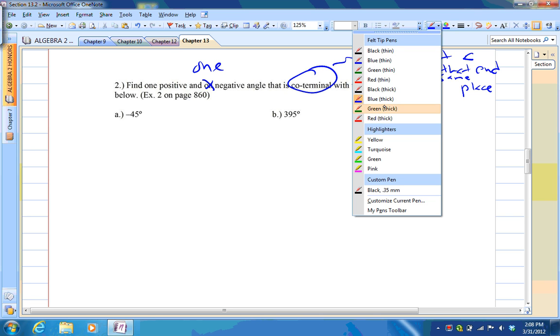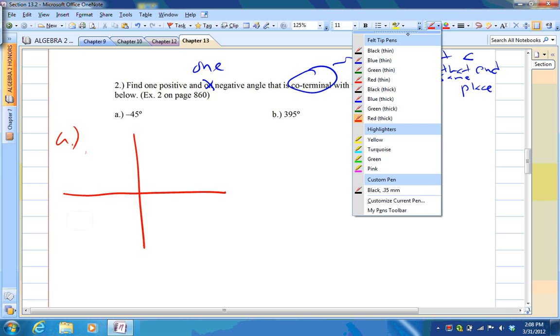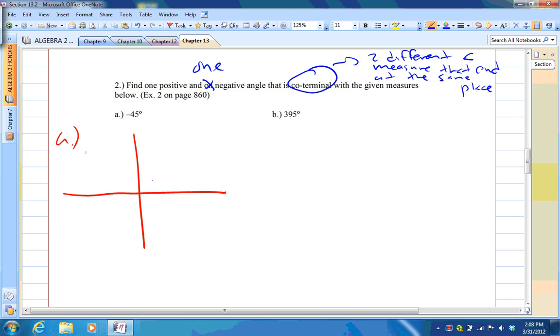So I'll first do, for part A, we'll draw negative 45. Now if you think about it, what if I go counterclockwise?